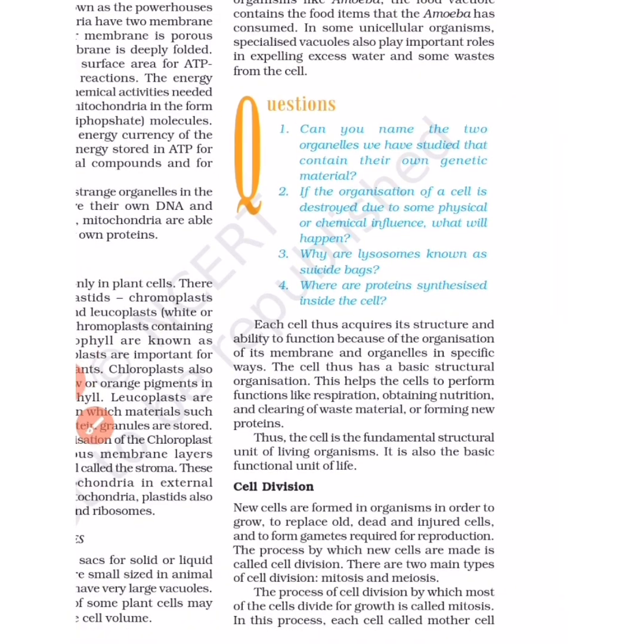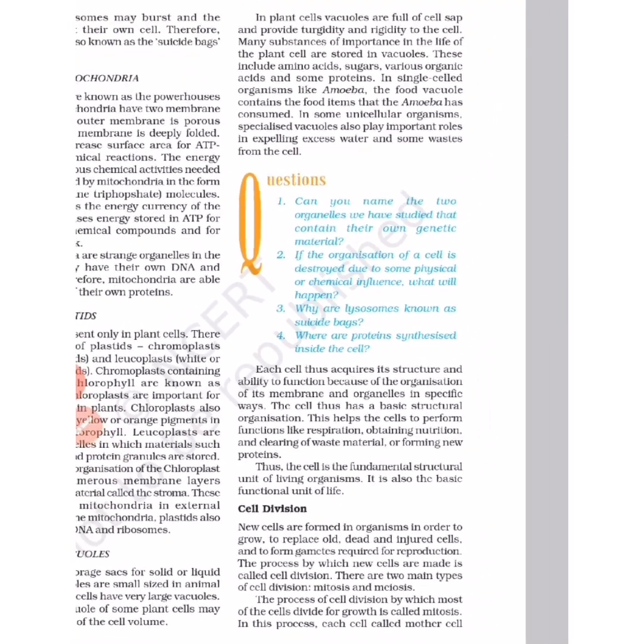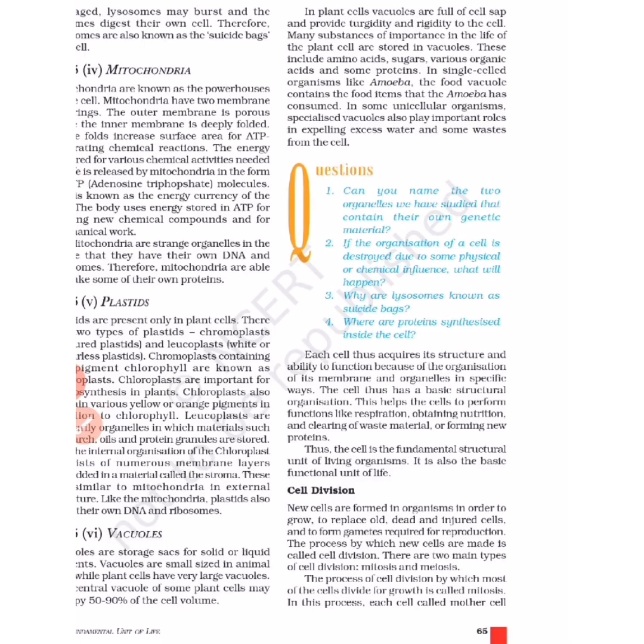So next comes a short description of cell division. New cells are formed in an organism in order to grow, to replace old, dead and injured cells, and to form the gametes required for reproduction. The process by which new cells are made is called cell division. I have already told you that the nucleus is the controlling center.